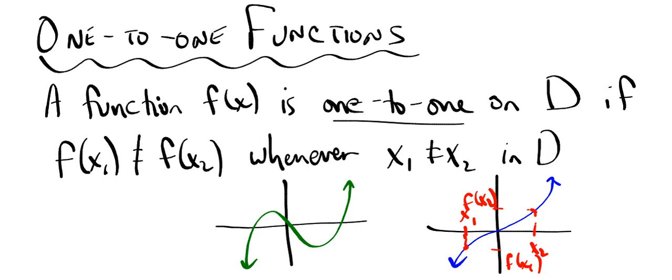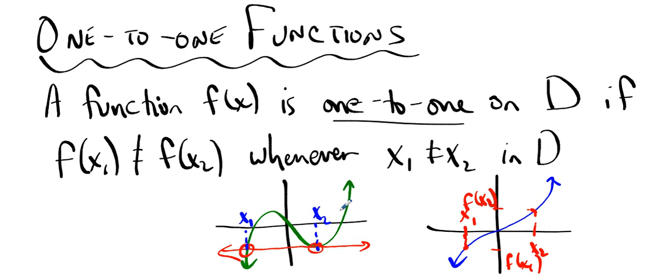Well, what does the horizontal line test do? Well, it says if I draw a horizontal line like so, and that horizontal line hits the function in more than one place, then my function cannot be one-to-one. Well, why does that work? Well, that works because in this scenario, here's an x1 and here's an x2.